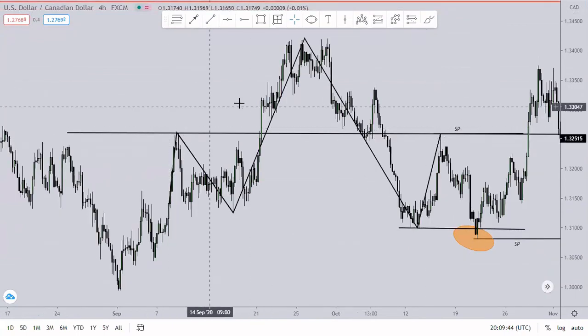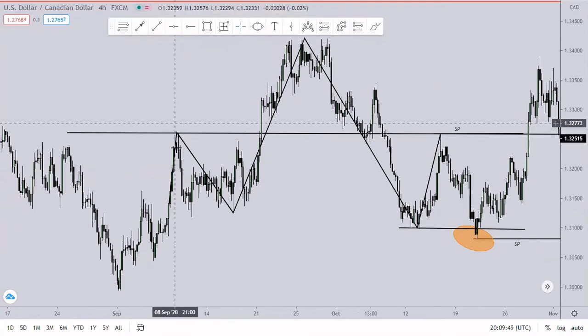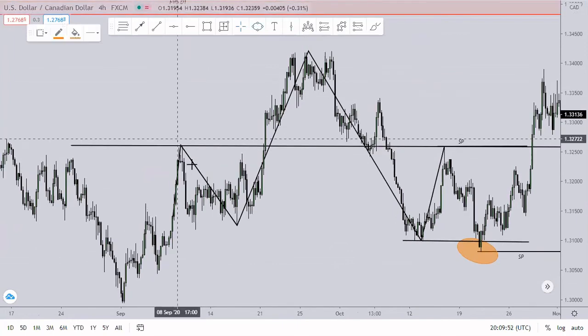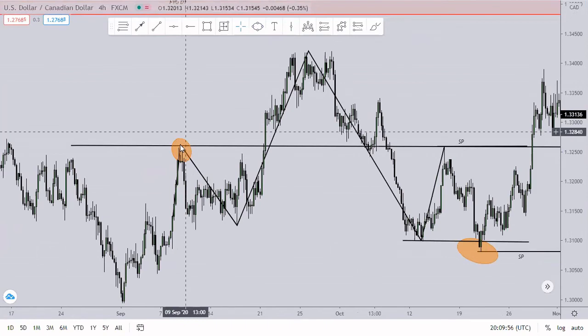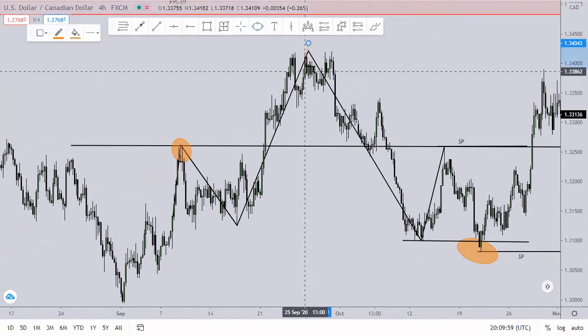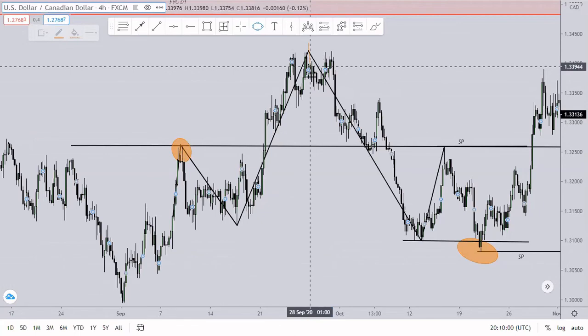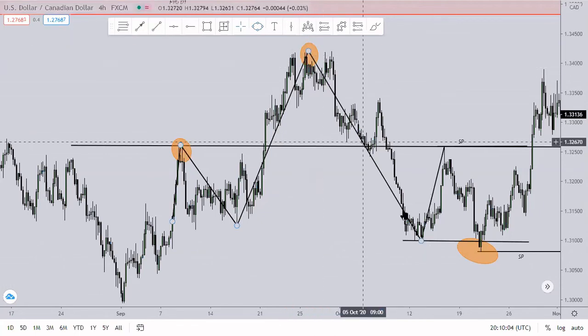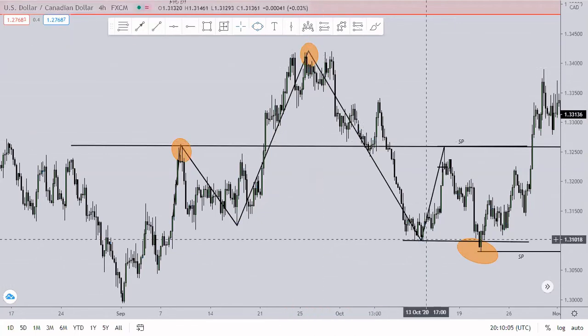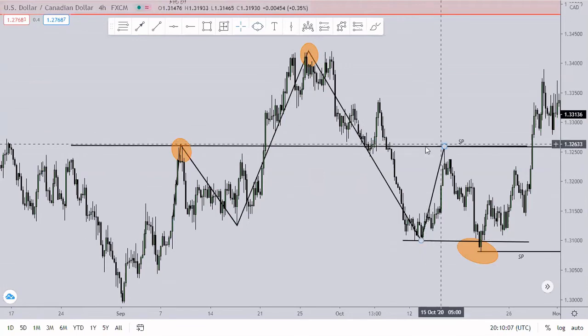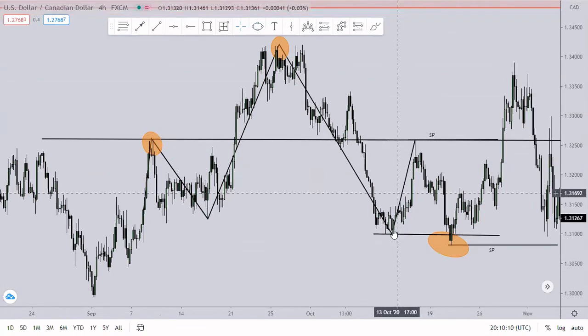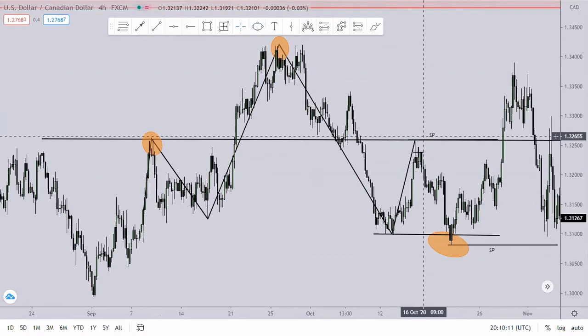From this old high right here, it went up, it came down first, then went back up to form an intermediate high. As soon as you see this, and now you see that it has come down, you should start targeting this place as a possible sell zone. So look, it went back to that level and see how accurate it was.